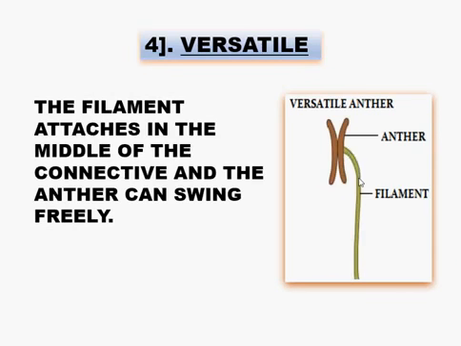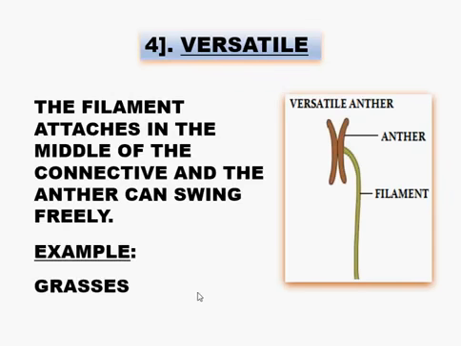Whereas in this versatile, the filament connects with the connective and the remaining portion of the anther is free and it swings freely, nothing but floats freely on the tip of the filament. Such type of fixation is called versatile and such anthers are called versatile anthers. Example, grasses.